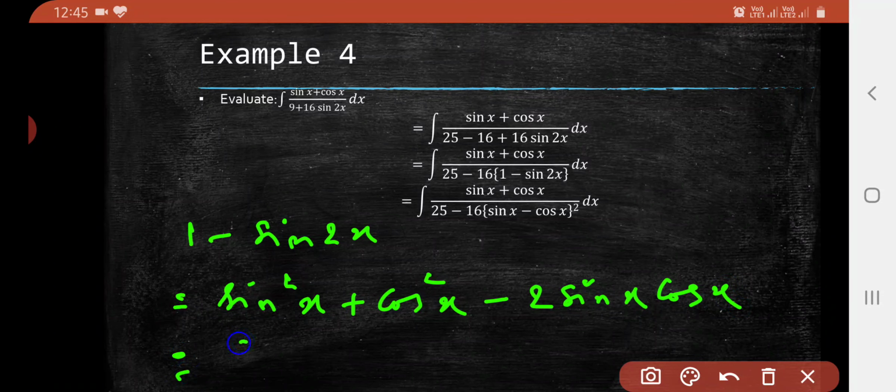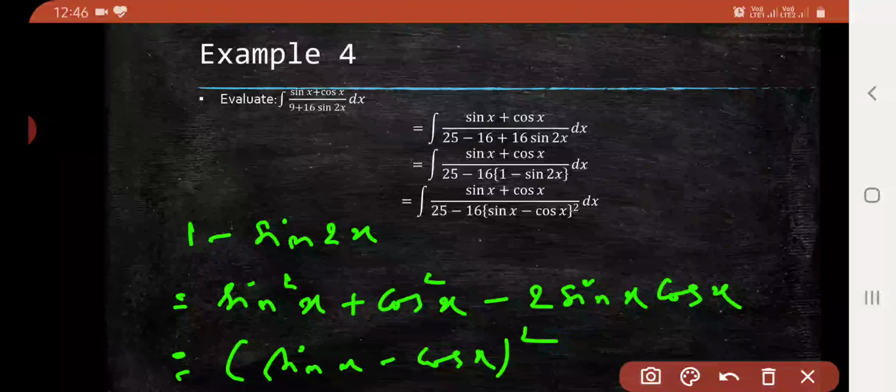So that is basically sin x minus cos x whole square. These steps are not required to be shown because you have already done trigonometry in class 11 and these are very trivial trigonometrical problems. So if you can do it directly, it's very good. Otherwise, you can show the steps if you want. Next.